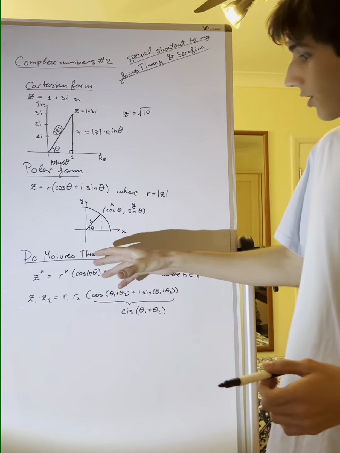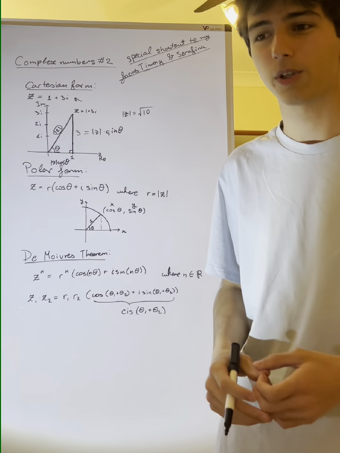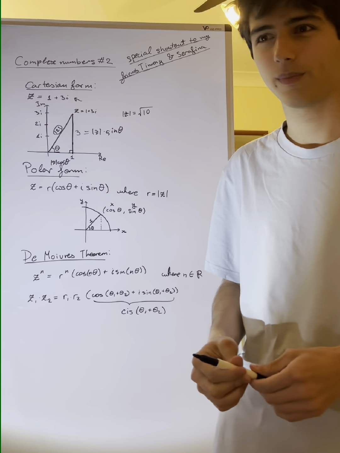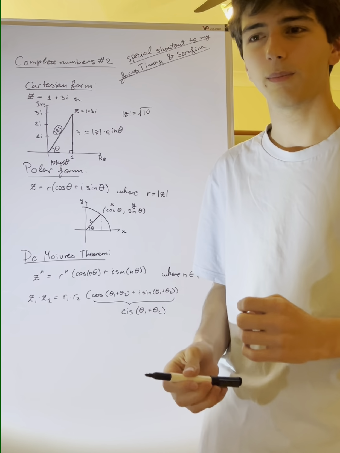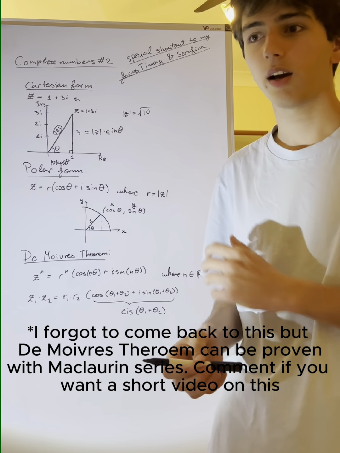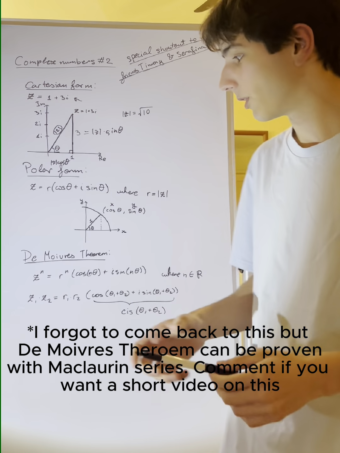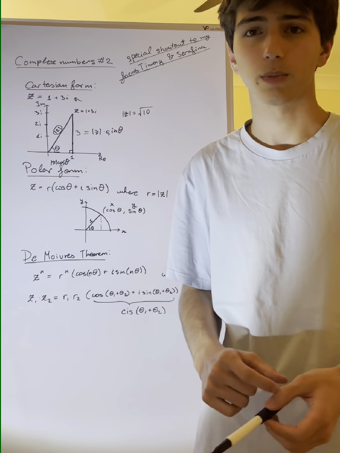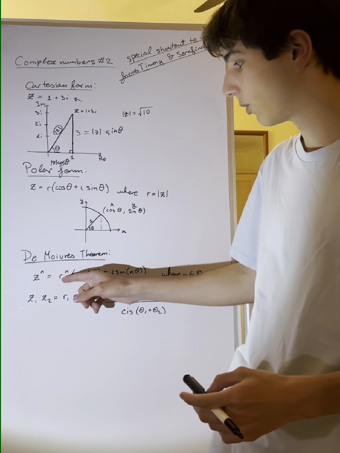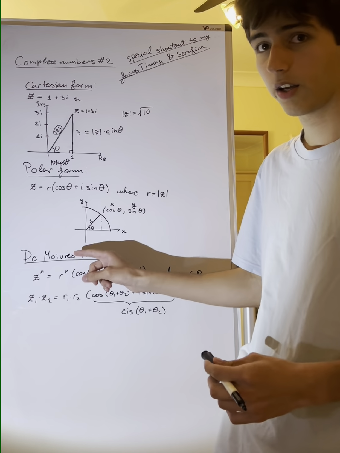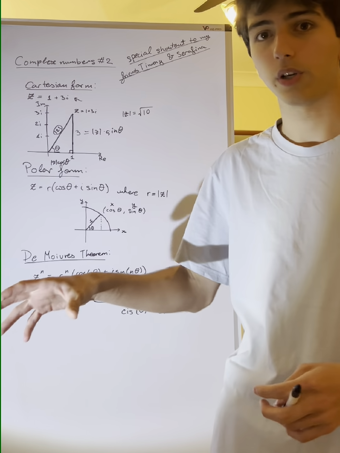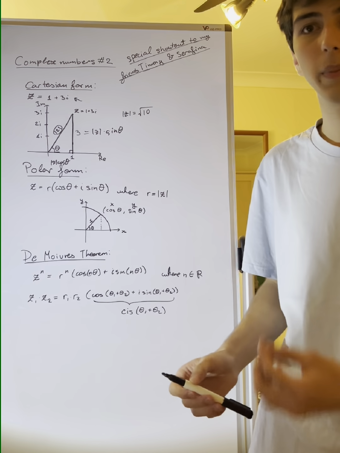And there was this French guy, I'm not going to try and pronounce his name because I'm going to butcher it. He came up with a theorem, and it'll make more sense once we talk about exponential forms, or Euler's way of representing complex numbers. But the formula is, if you want to raise a complex number to a real power, then you can raise the absolute value to that power, and multiply the angle that you input into the cosine and the sine by that power.